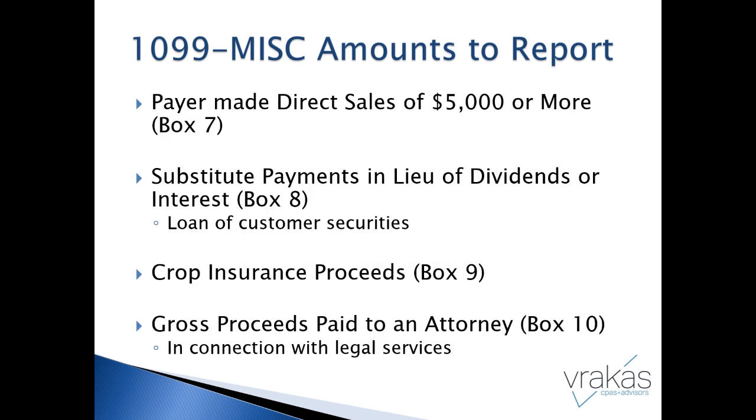Then box 7 is just a checkbox. This is for direct sales of $5,000 or more in a resale in a not a permanent establishment. So this isn't for a retail store vendor. This is more for a flea market, a trade show, things of that nature that aren't your permanent establishment.